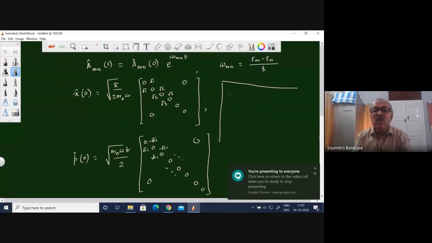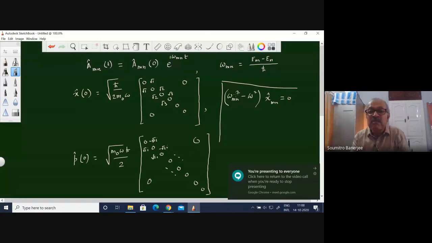It was omega mn square minus omega square times x mn equal to 0. Now this implies that when this term is 0, then this term can be non-zero, and when this term is non-zero, then this term has to be 0.